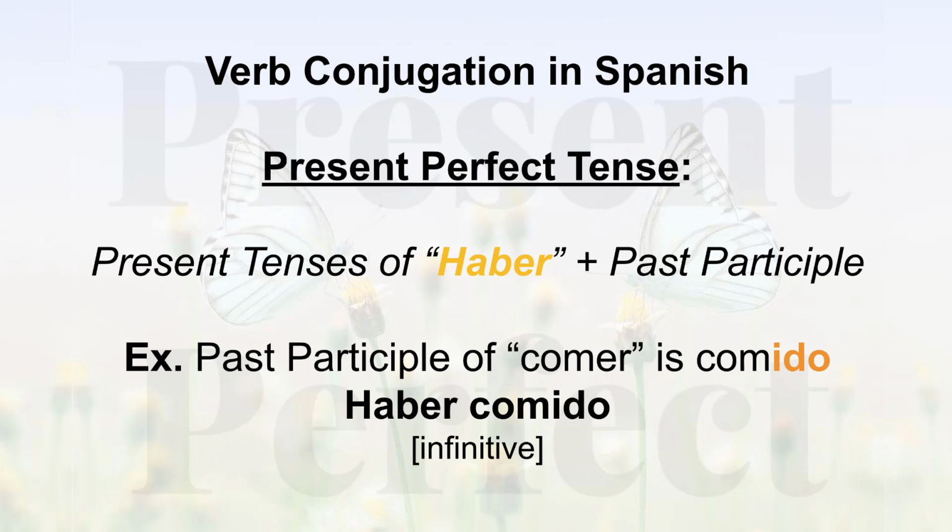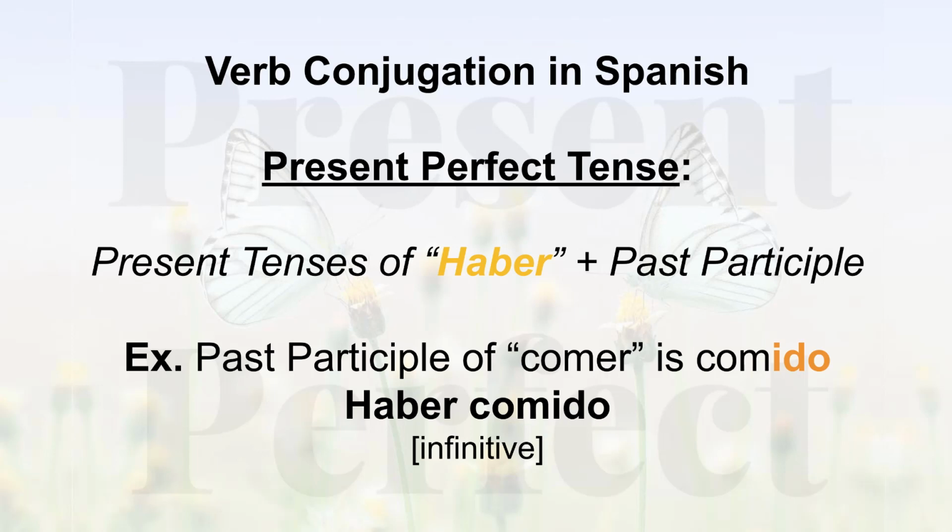Present perfect tense is the combination of present tense of haber and past participle of the verb we want to talk about. In this case, comer. So past participle of comer is comido. So the infinitive form of present perfect tense for the verb comer will be haber comido.